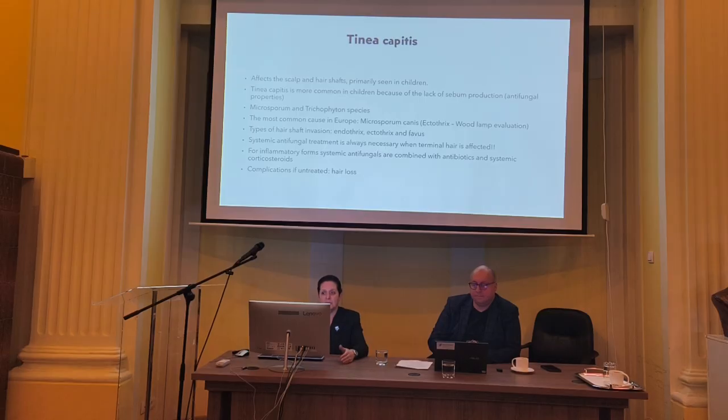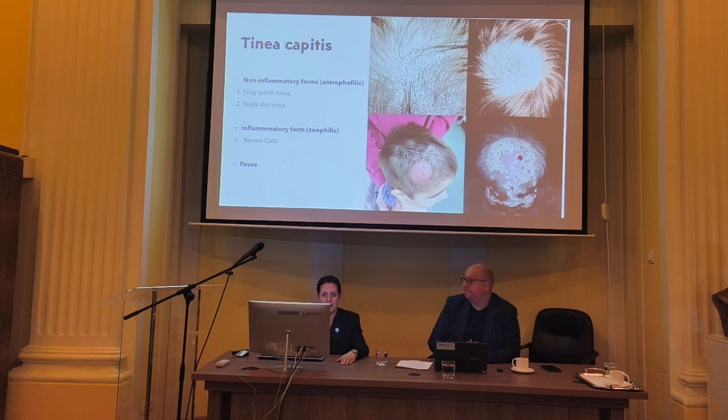And that's the one that we most likely see. Other species we can see as well. If we don't treat tinea of the scalp, it may result in complete loss of the hair on the affected side. That means cicatricial alopecia. It's not a life-threatening condition, but it's certainly not nice.